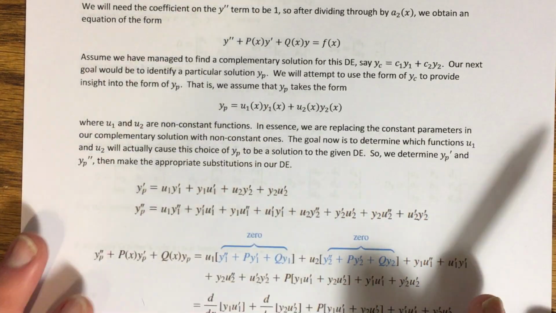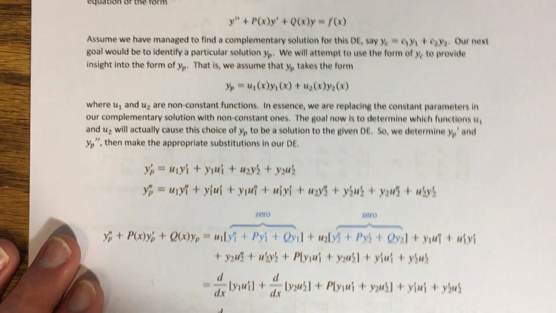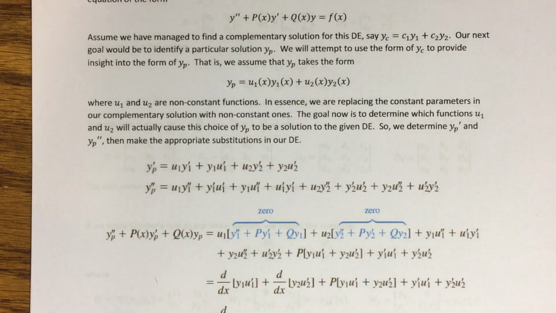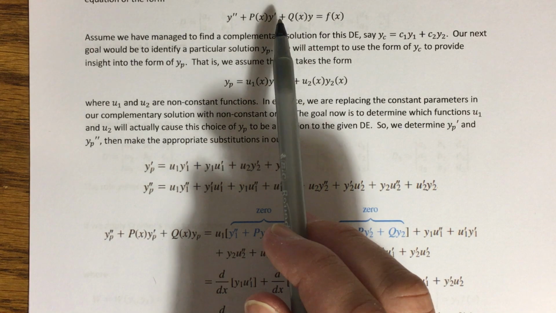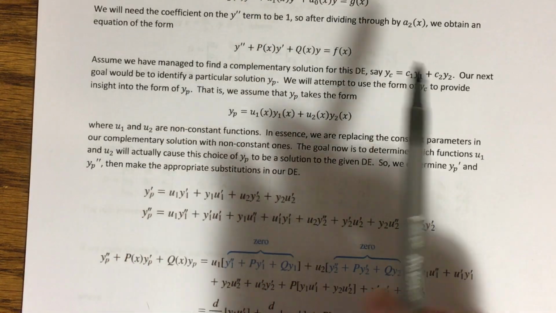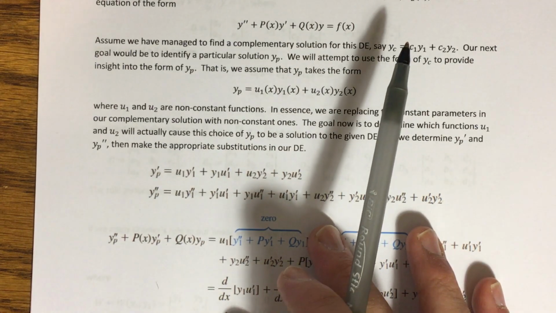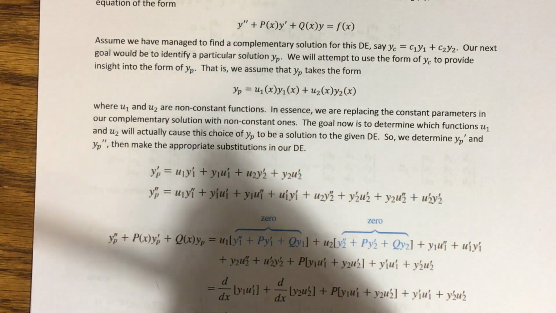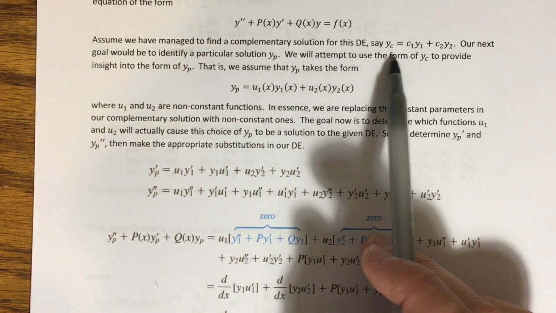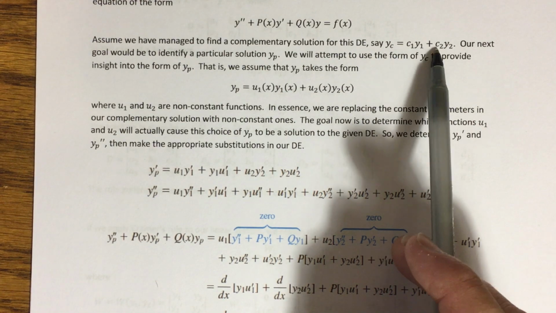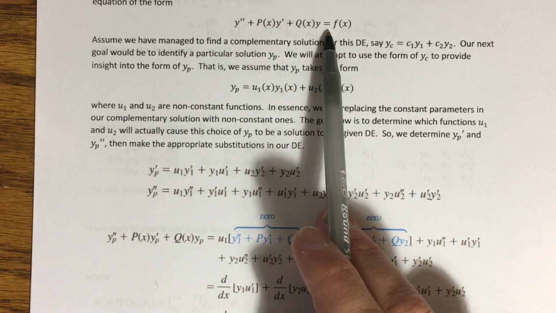Now, like I had already mentioned, this technique requires you to already know what the complementary solution for this is. And again, if these coefficients up here are constants, we know how to come up with this. If they are not, then the complementary solution either has to be given to us ahead of time, or we need some technique for finding this. But suppose we have managed to come up with a complementary solution for this DE.